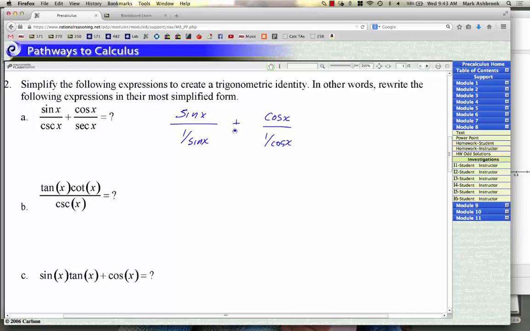So before we add these fractions together, let's see if we can do anything else individually on those. What's sine over 1 over sine? Invert and multiply, right? If you invert and multiply, you just get sine squared. And same thing here.